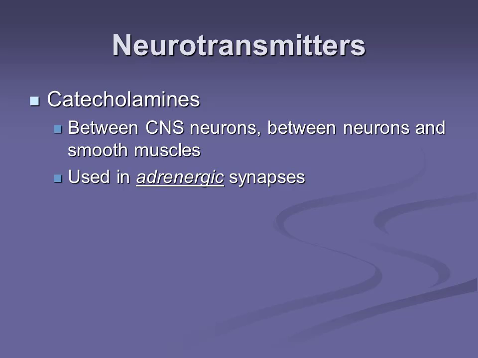Now, epinephrine is a type of catecholamine, but epinephrine is a hormone. It's produced in the adrenal gland. Norepinephrine is produced by neurons, and so we say norepinephrine is a neurotransmitter, sorry. And so if neurons are producing norepinephrine, then we say those neurons are adrenergic.